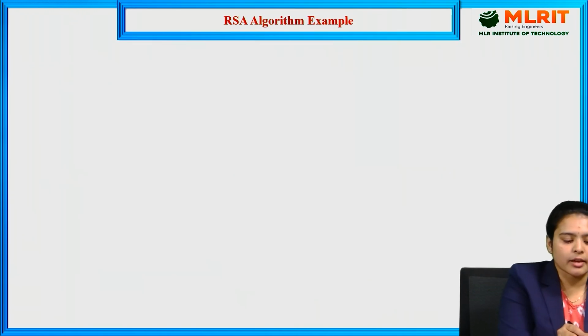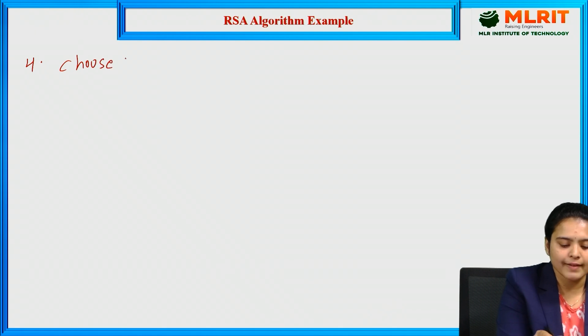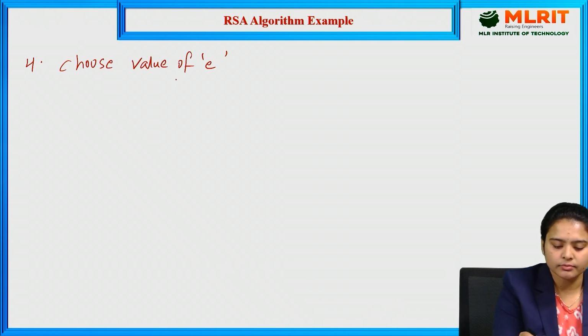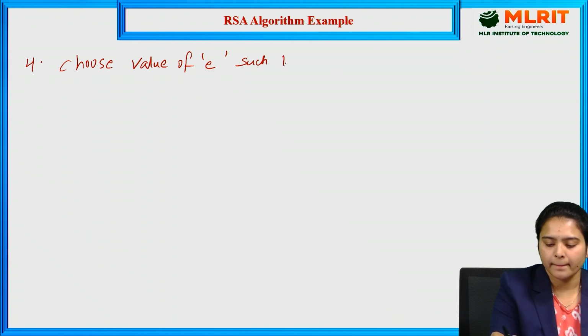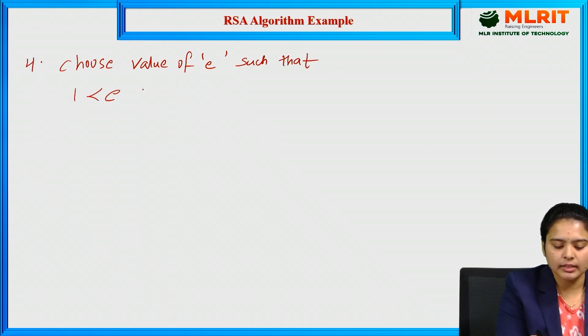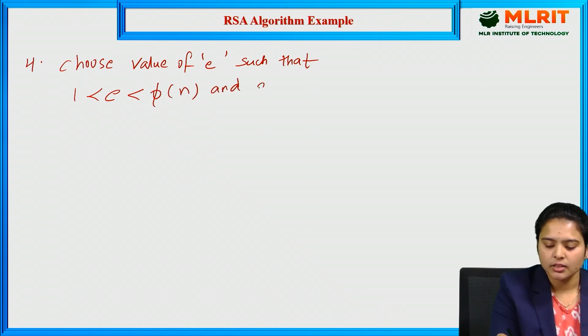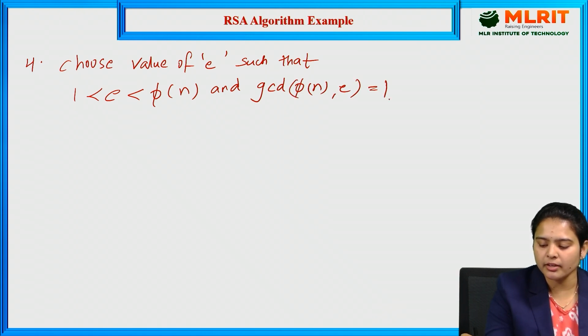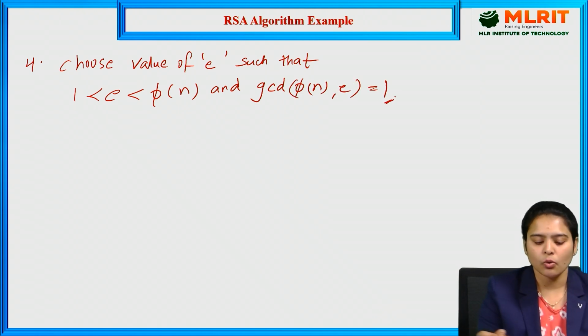In the next step, we need to choose the value of E such that 1 is less than E, which is less than phi of N, and GCD of phi of N comma E should be equal to 1.